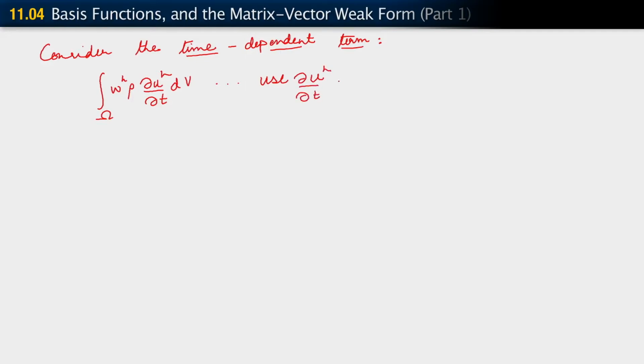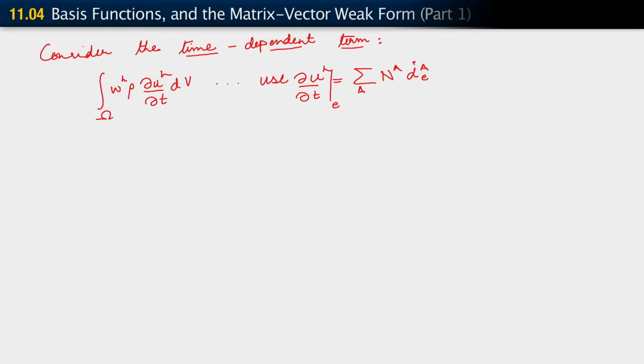The partial time derivative is, after all, nothing, and furthermore, restricted over a particular element, that partial time derivative in an element E is nothing other than sum over A, NA, we know all about those, D A E dot, where the dot denotes a time derivative.